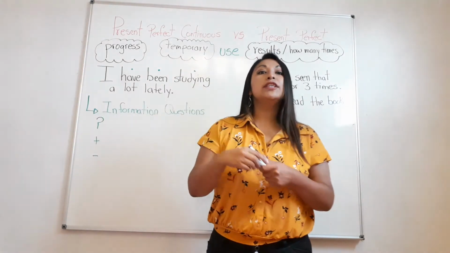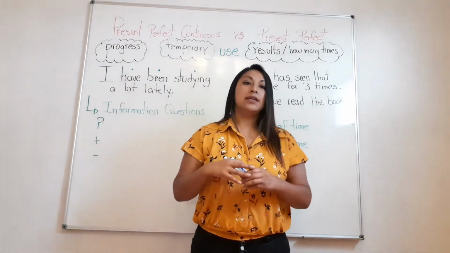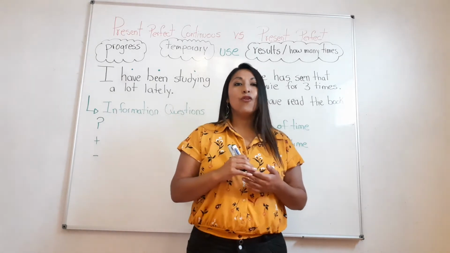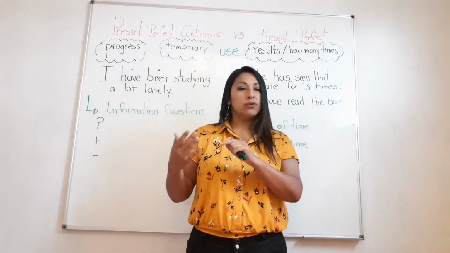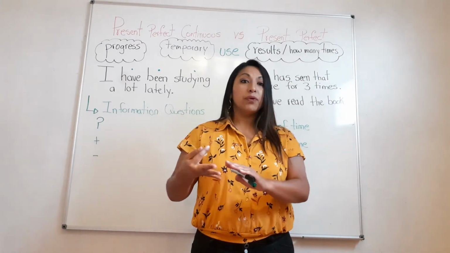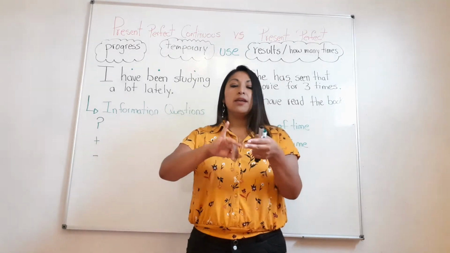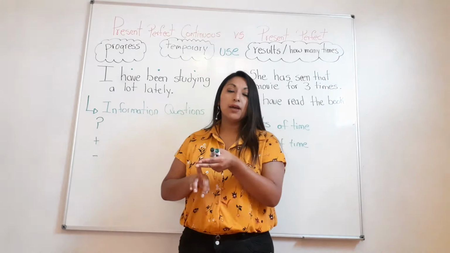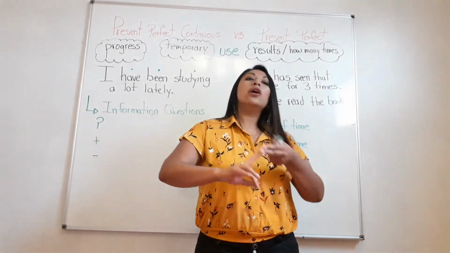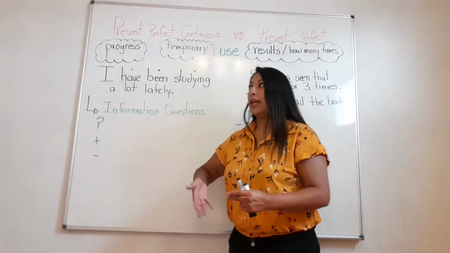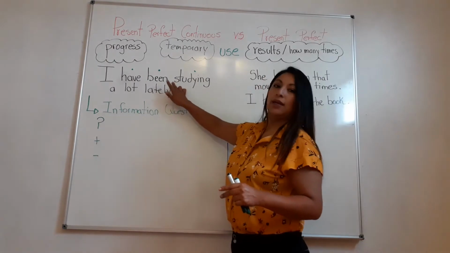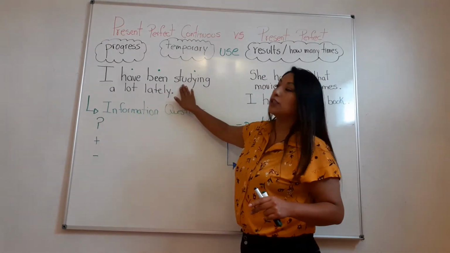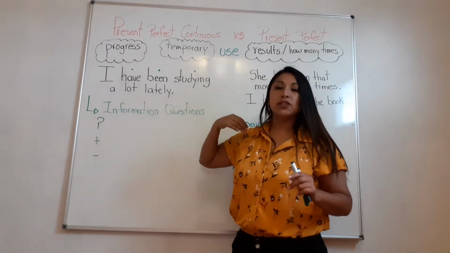Remember that have is for plural and has is for singular. Just to remind you, singular third person is he, she, and it. It is when we are talking about something that is a thing or an animal. Okay? Then we have been and of course the verb in ing.